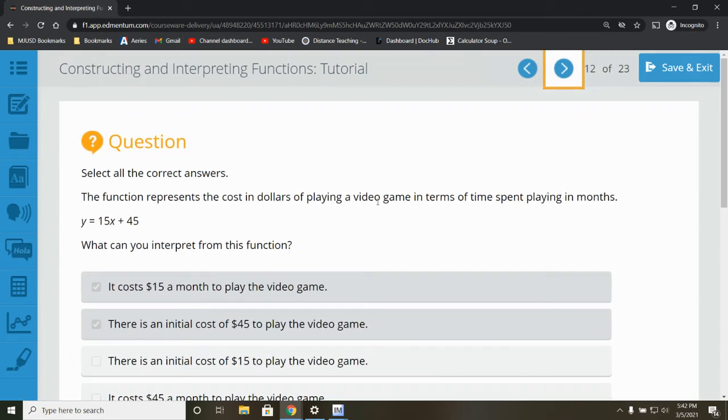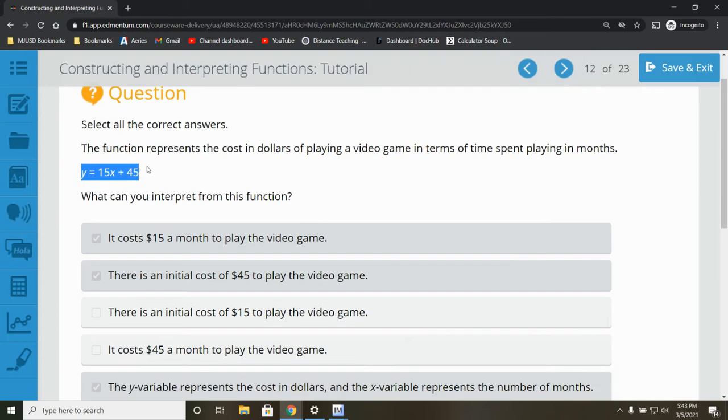Question. Select all the correct answers. The function represents the cost in dollars of playing video games in terms of time spent playing in months. So what they want us to do is look at this function and think about the parts in terms of rate of change and initial cost.